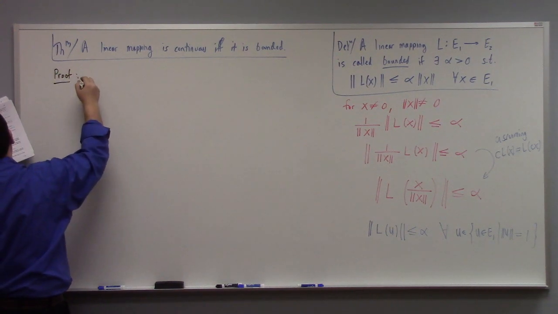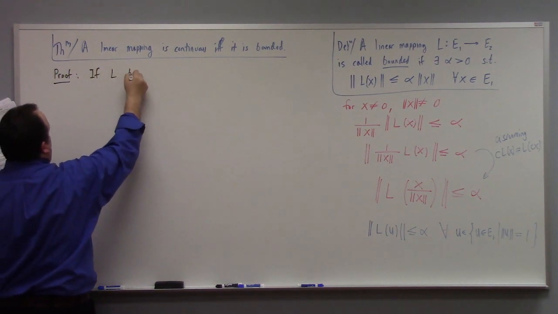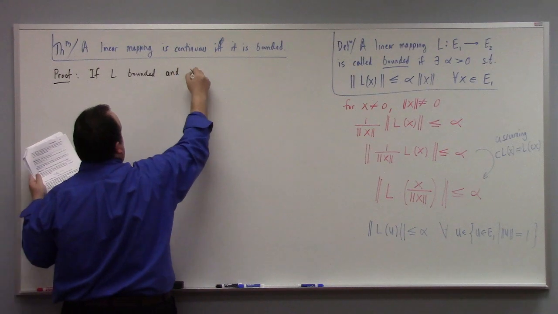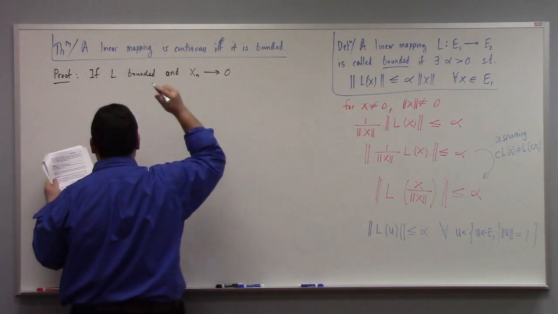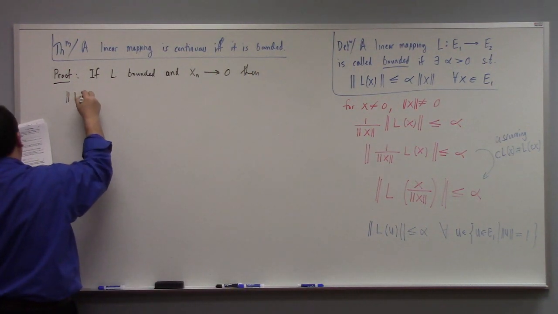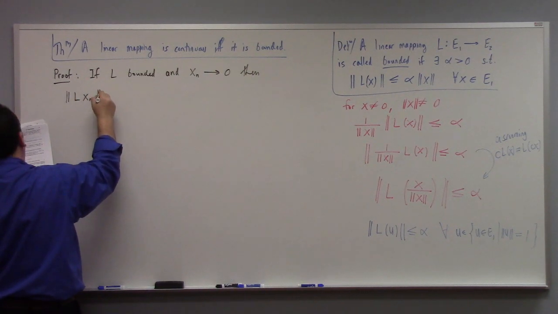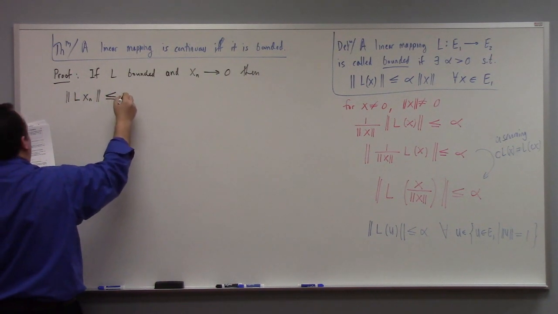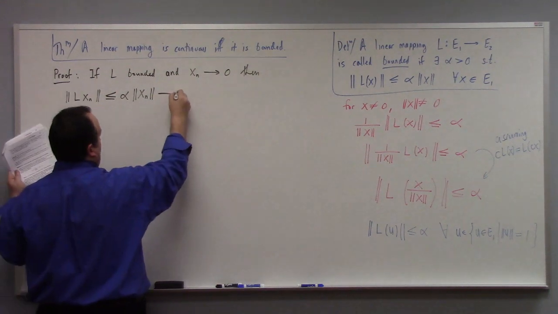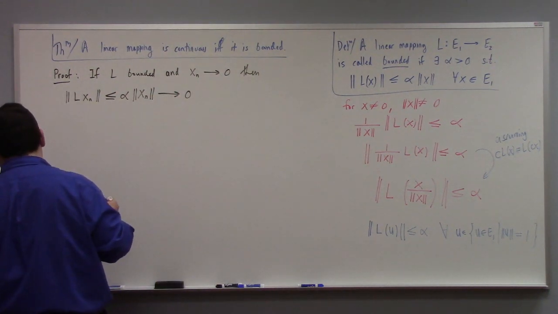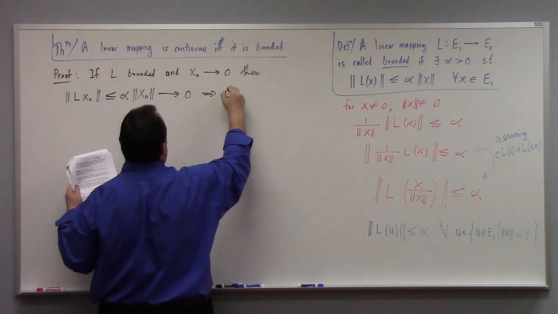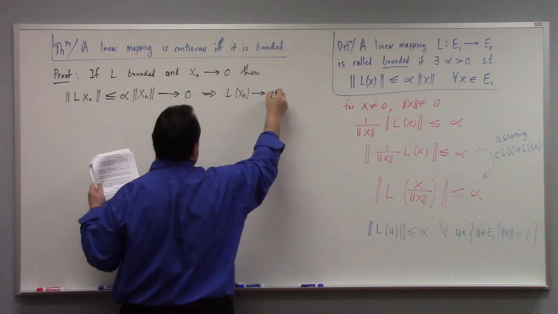Proof. If L is bounded, and x sub n goes to 0, then the norm of L of xn is less than or equal to alpha times the norm of xn, which by assumption goes to 0, which implies that L of xn goes to 0.